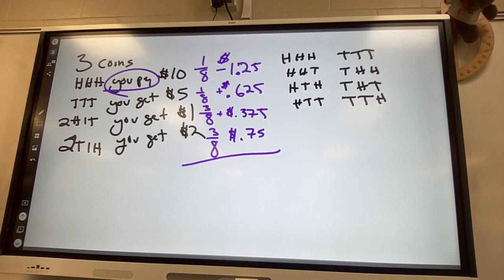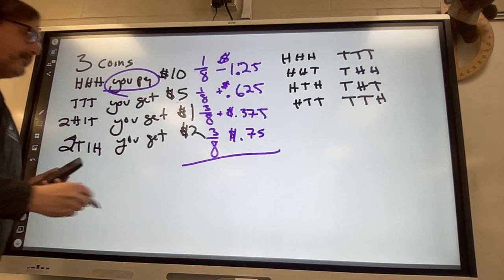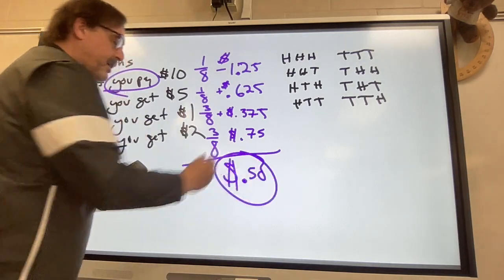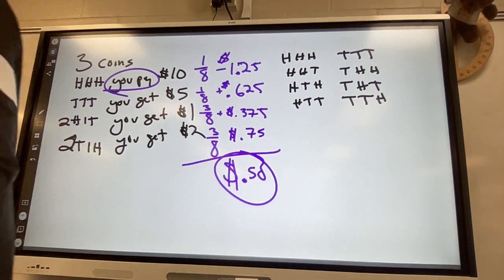Let's see if this would be a good deal for you. You're gonna lose $1.25, but you potentially are gonna gain 62.5, potentially gain 37.5, potentially gain 75 cents. You would expect every single time on this one to make 50 cents every time.